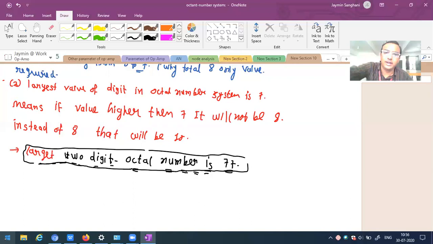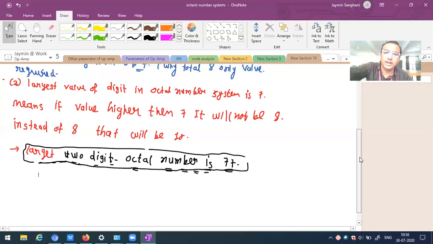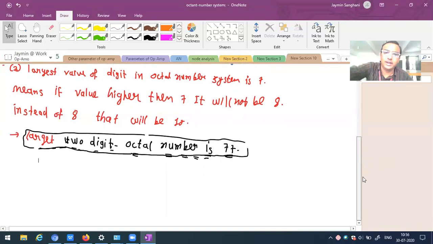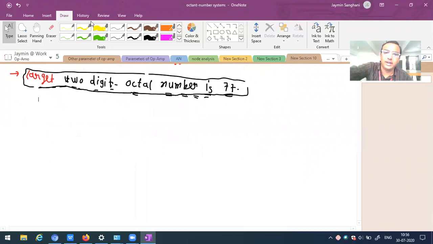The maximum value is 77, and after 77 the next value is known as 100. So I will sketch the table.